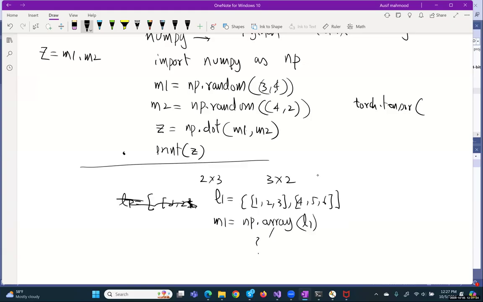You can Google it quickly and test it. So now what it will do is initialize the matrix as 1, 2, 3, 4, 5, 6 like this, right? Similarly, you can initialize M2 and test it, print it, so that you can do the calculations by hand and verify it, right?